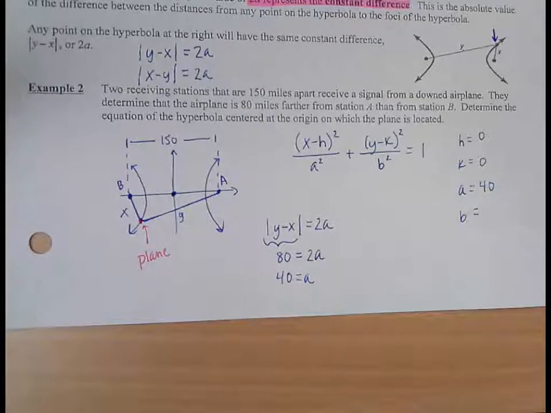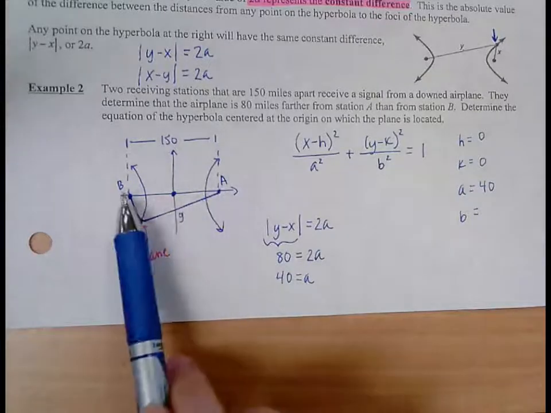And then what we have left is to find b. We are not given the covertices. Covertices are usually what we use to find b. We are given some information about the foci, though, that they're 150 miles apart.